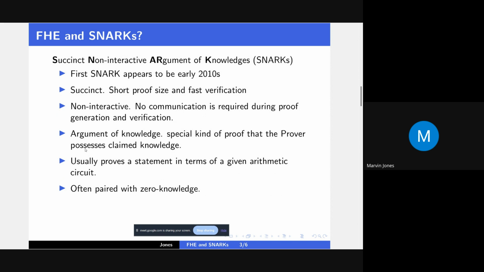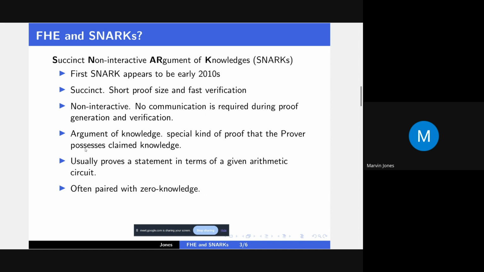I got it to give me a few things from about 2010, and that really does look like when snarks were first appearing in the literature, maybe 09. Not much earlier. ZK proofs and arguments of knowledge of course existed since the 80s, but that succinctness, I think, basically started becoming a concern with blockchains. So that lines up with my understanding of the development.